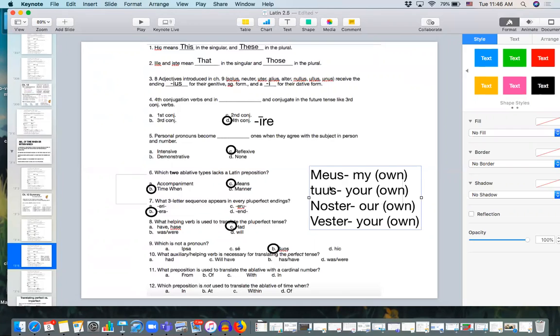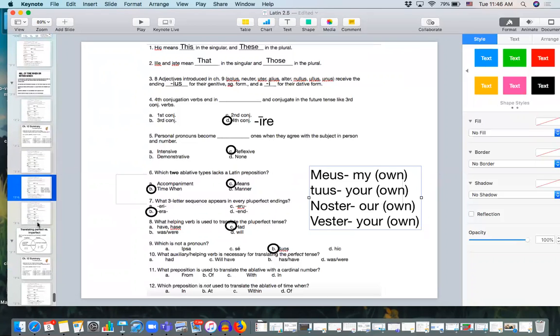Suos is the third person version of them. So meus and noster are first person versions, where it's like my or my own if the subject is first person. Our for noster, or our own if the subject is nos, we, and so on and so forth. Tuus and vester are second, and suus, sua, suum is going to be third. All right, sorry, I think I was confusing just then for the past 10 seconds or so.